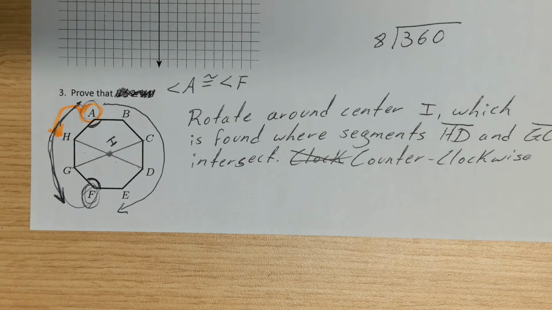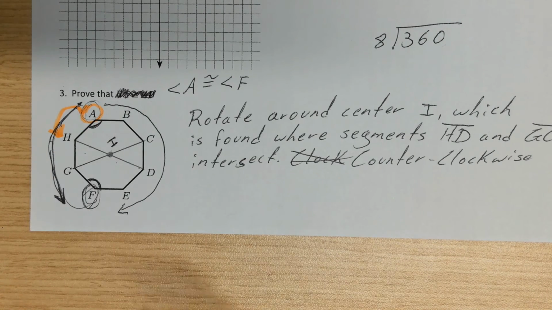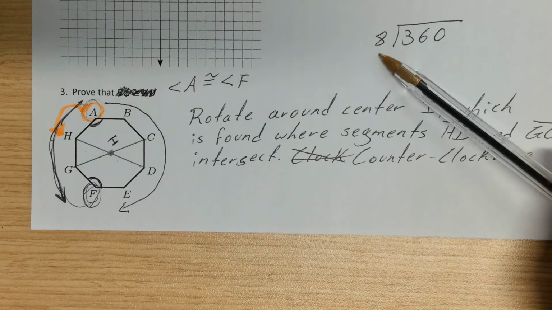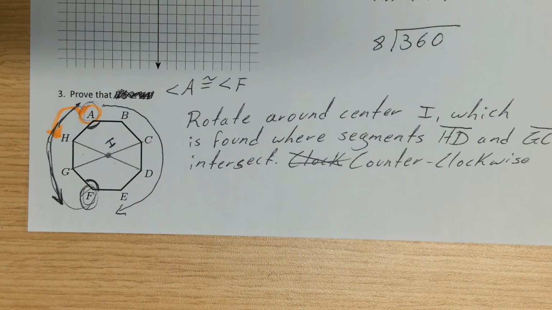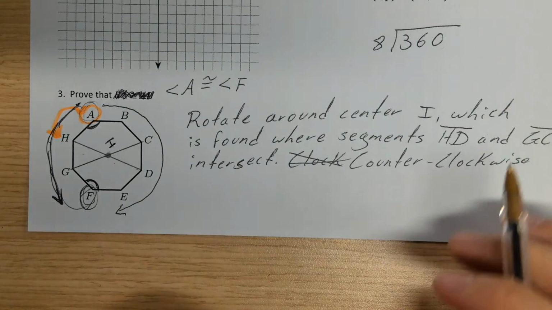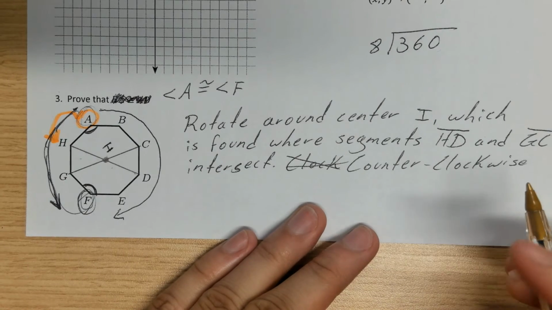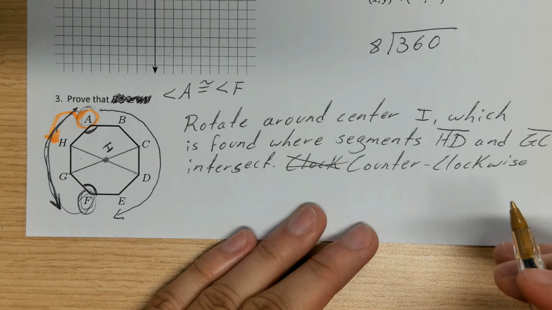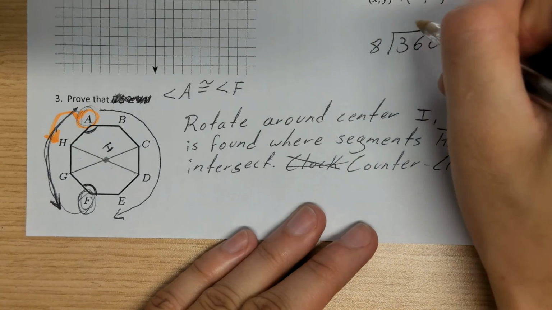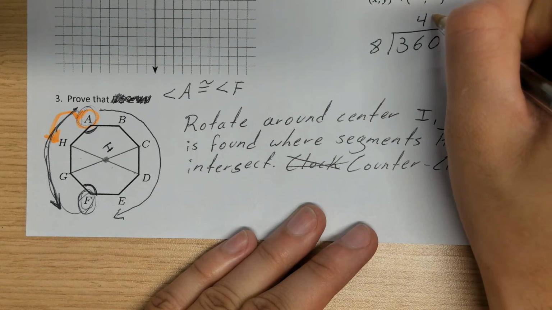So, el brinquito que te llevaría de la A a la H lo puedes encontrar dividiendo 360 entre el número de lados que tienes, que los 360 pues son los ángulos alrededor de la figura. So 360 divided by 8, that's what? 45? ¿Es 45? Creo que sí.